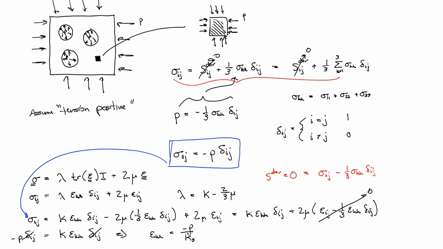Okay, so if we go back and write down the total strain tensor, again, write our equation, the total strain is equal to some deviatoric strain plus 1/3 sigma kk delta ij, and this is 0, then we have that the total strain of the solid is equal to minus the pore pressure over 3K of the solid delta ij.